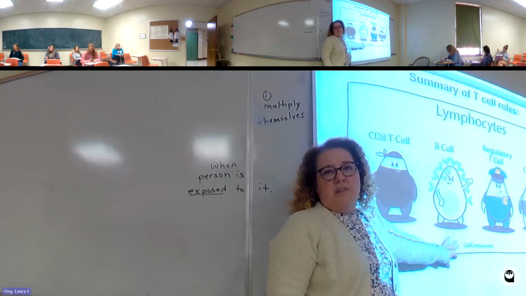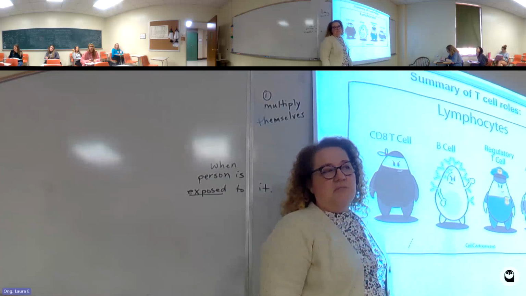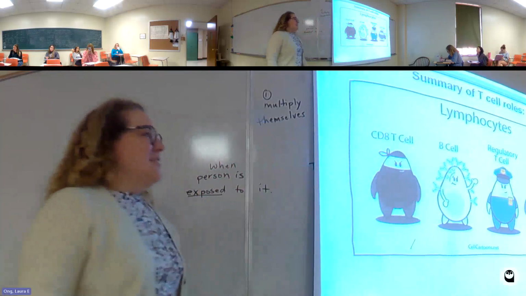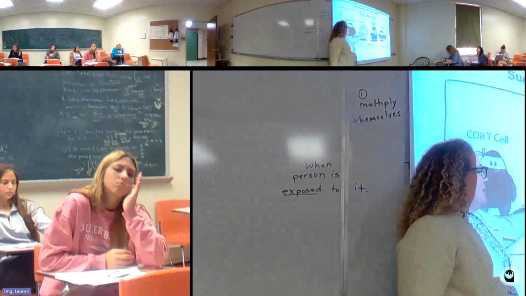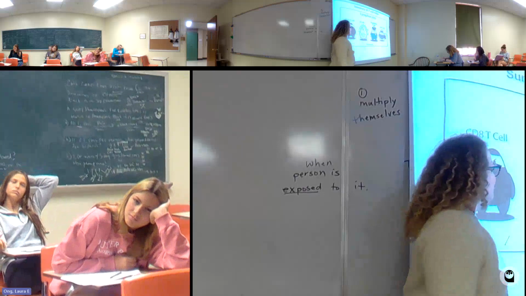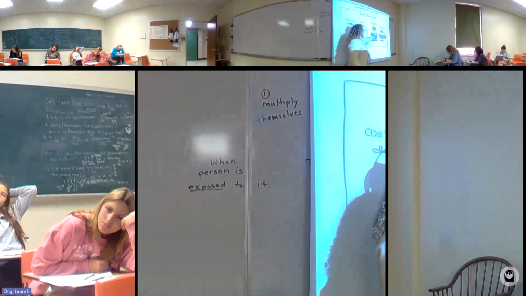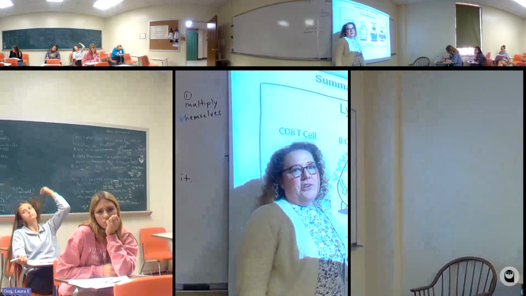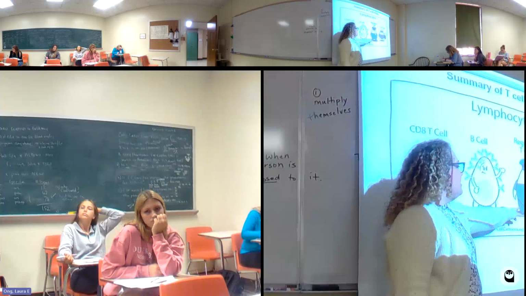And the B cell is responsible for making antibodies. So this is just a way to remember it. I'm an antibody maker, and it's a little bit smiley. Friendly antibody maker. The regulatory T cell is making sure that all the other immune cells do their job correctly, like a police officer.